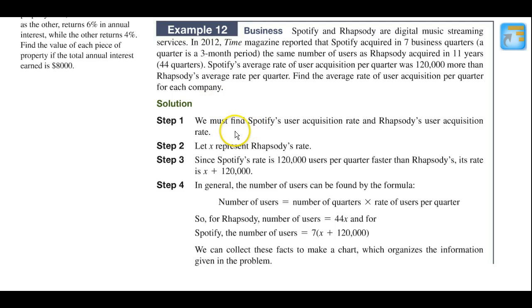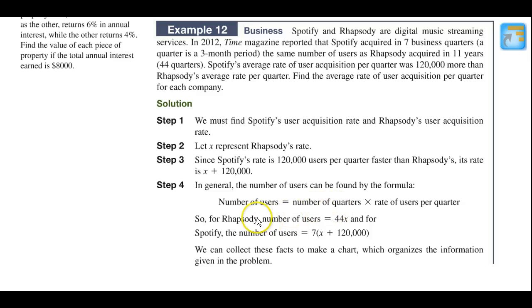So we'll follow this. We must find Spotify's user acquisition rate and Rhapsody's user rate. So let X represent Rhapsody's rate. Remember, that's the slower rate. Now, since Rhapsody is slower, Spotify is faster by this much, we'll say the other rate is X, which is Spotify's rate, plus the 120,000.